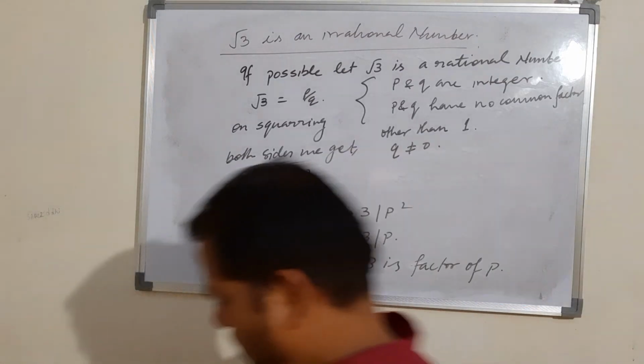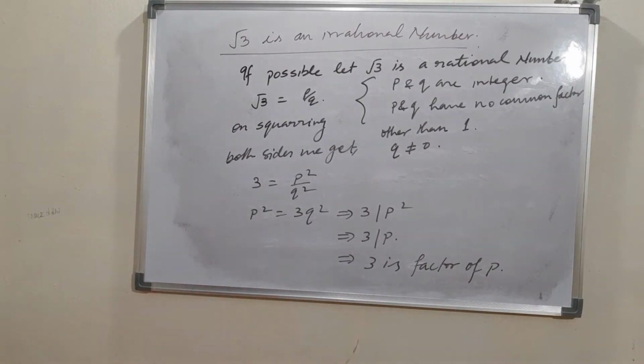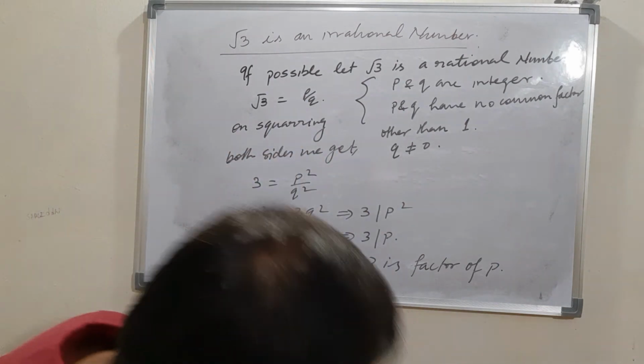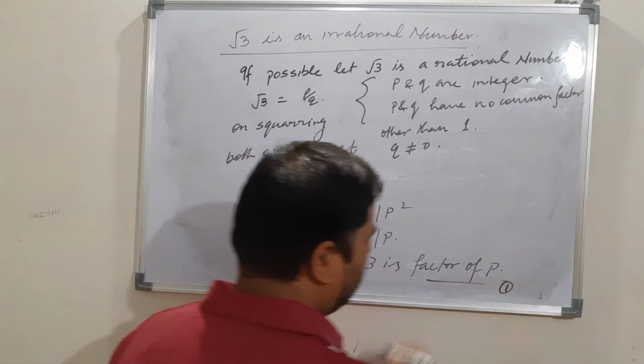Okay, now again, this is equation number 1. 3 is a factor of P.